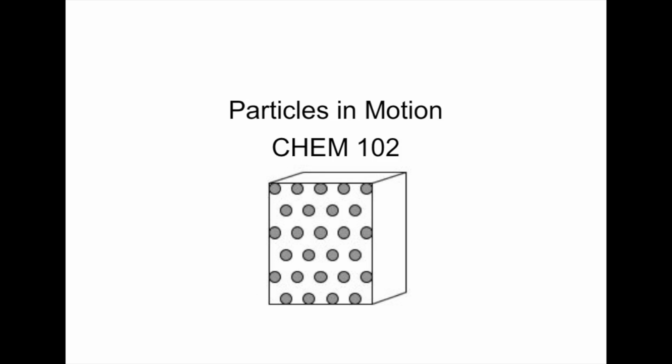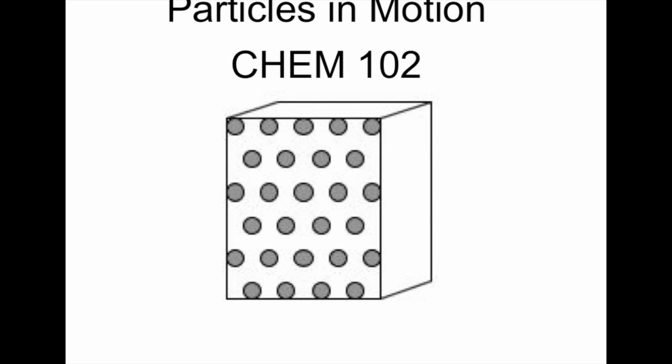So, when we left off last time, this was the model that we were working on, which we had called the particle nature of matter. And this particular model allowed us to describe three different variables.